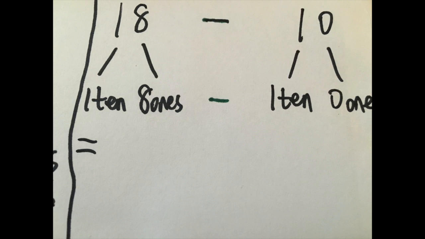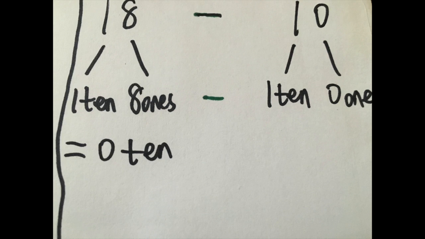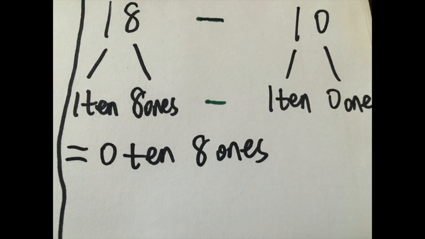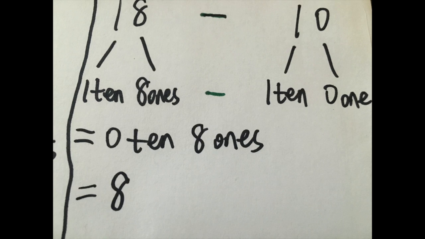After doing this, we know that 1 ten subtract 1 ten equals 0 tens, and 8 ones subtract 0 ones is 8 ones. So the final result is 8, and we know that there are 8 buses still left in the company's station.